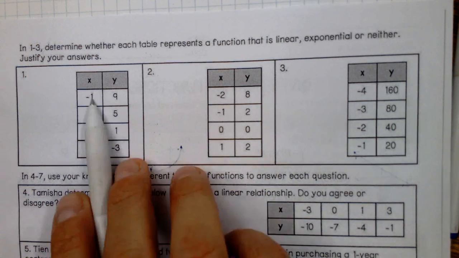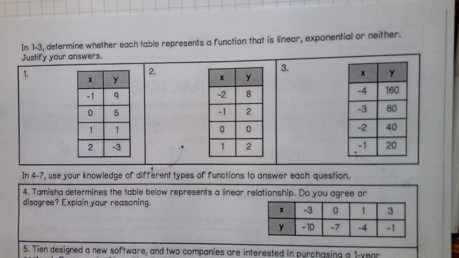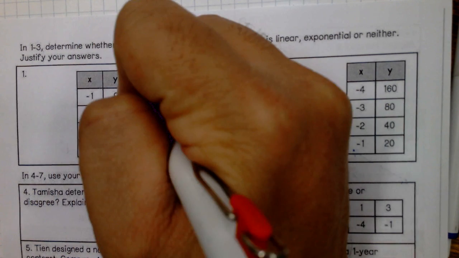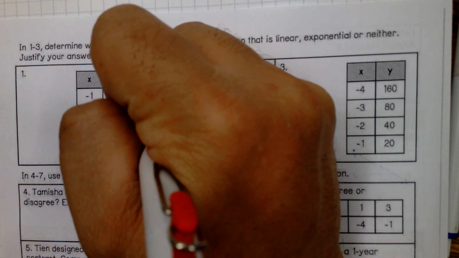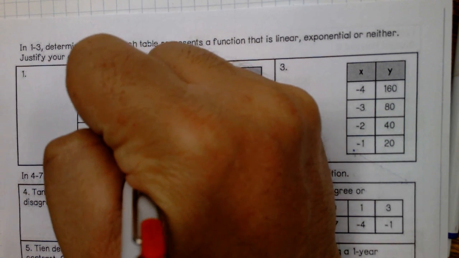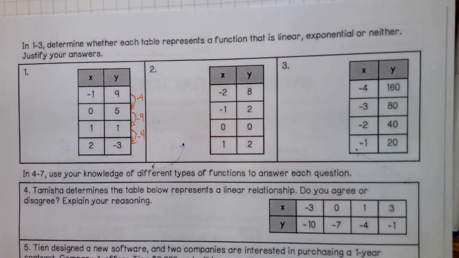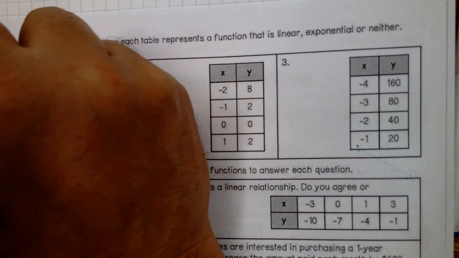The x values are going up by 1. And is it linear? Is it constant here? Actually, yeah. So we have a constant rate of change of 4 over 1, or negative 4 over 1. So we're going to say linear.